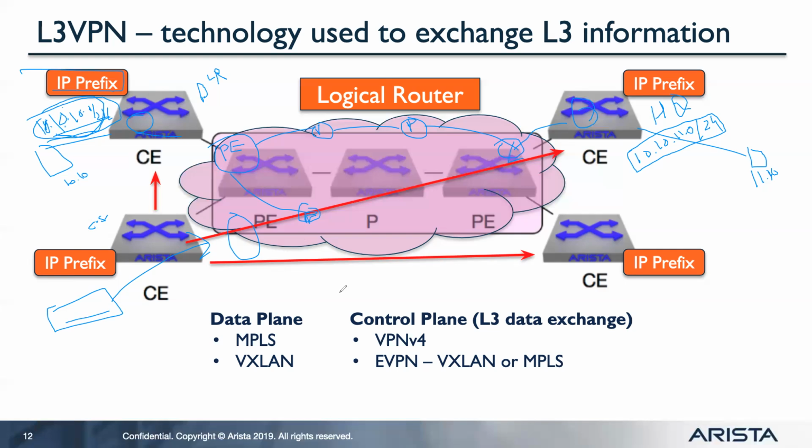Again, in this we have two types of data plane, MPLS and VXLAN. For MPLS, the control plane is VPN v4, and for VXLAN, it's EVPN VXLAN. With MPLS, we can also have MPLS EVPN as the control plane.